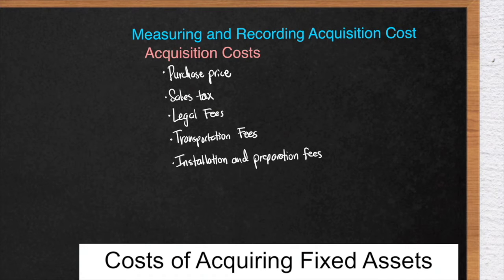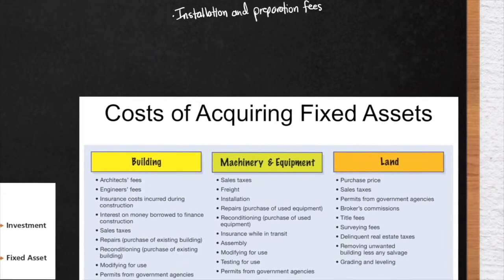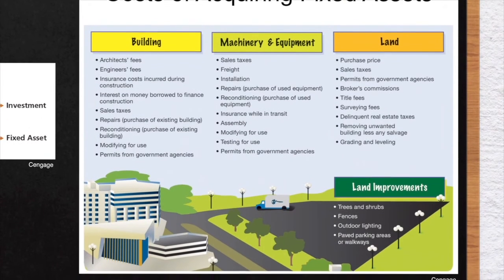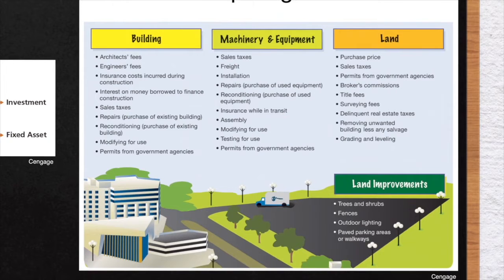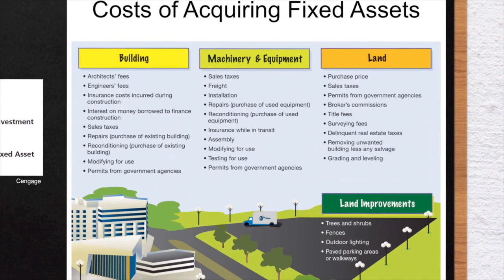So if you were to purchase a fixed asset and it included all those things, you would add them all up, and the total is what you would debit that asset for when you record that asset into your accounting records.